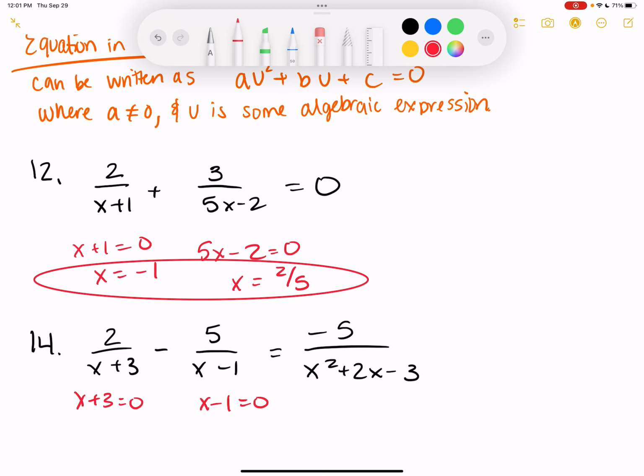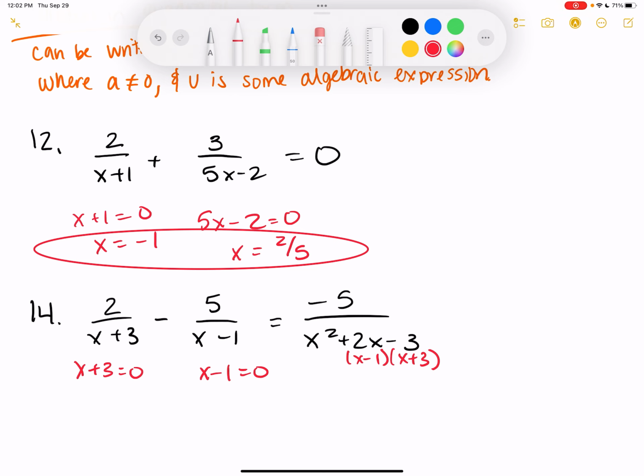And what does this factor into over here? X minus 1 times x plus 3. Since those are the same as these, I only need to do them once. So x cannot be what? Or 1.